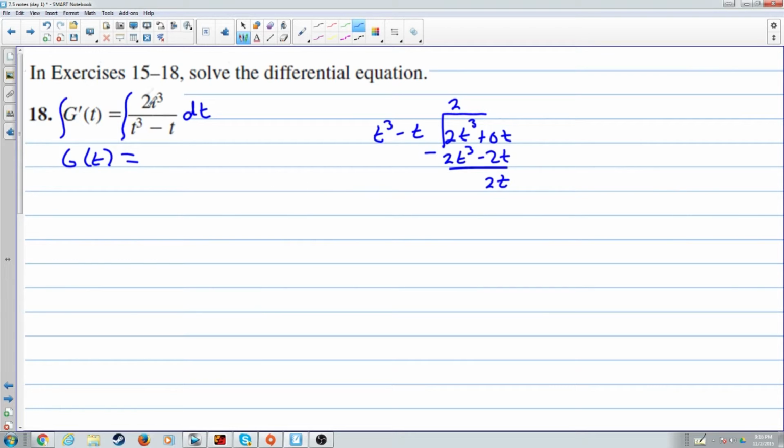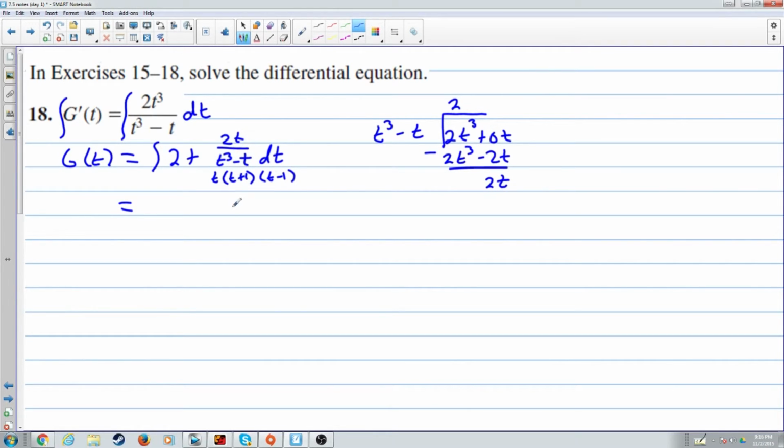So this right over here is the same as integrating 2 plus 2t over t to the third minus t dt. And so that is equal to, we need to do partial fractions on this. And we can factor this into t plus 1 and t minus 1, because you're going to get t squared minus 1 when you factor out that t.